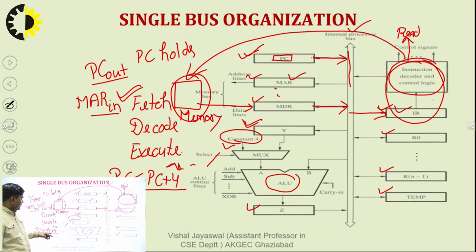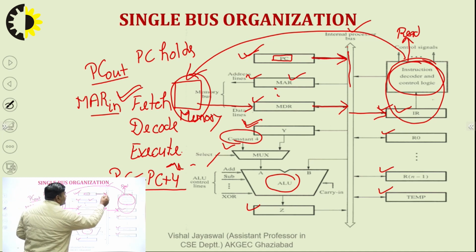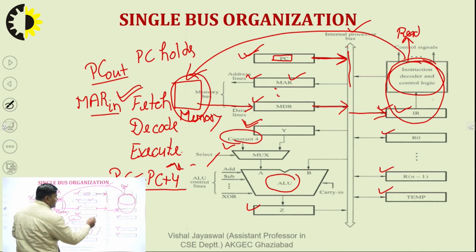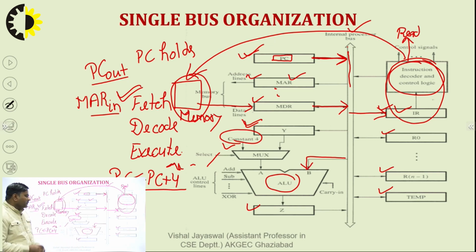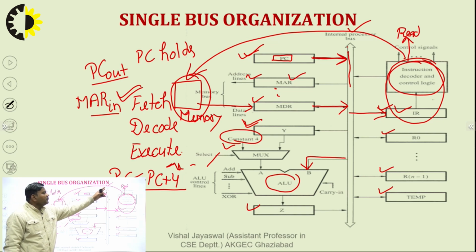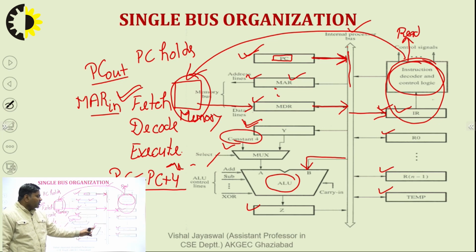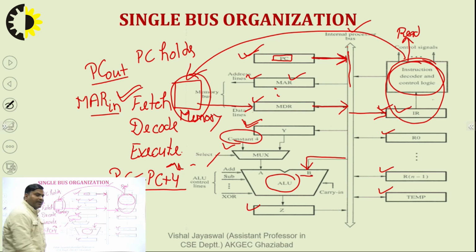So if we want to do this, we have to out the content of the PC and receive it on the B input of the ALU. We have to do PC out. PC out means the value of the PC is on the internal processor bus, then this is automatically received on the B input of the ALU.